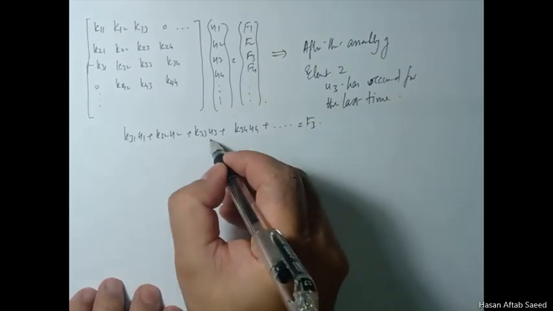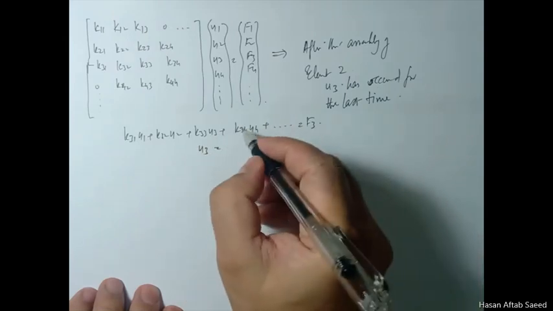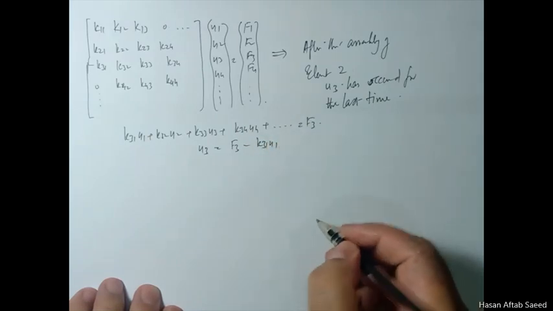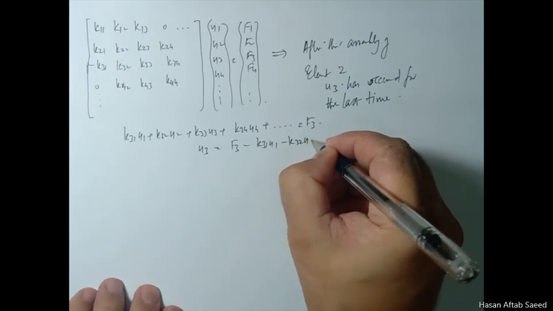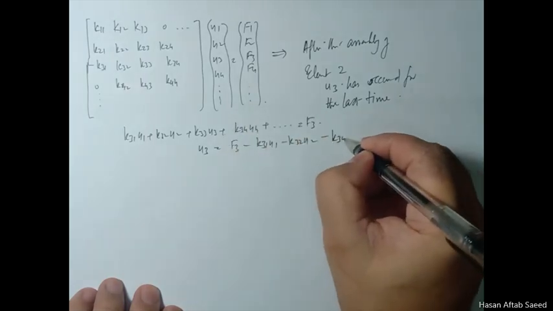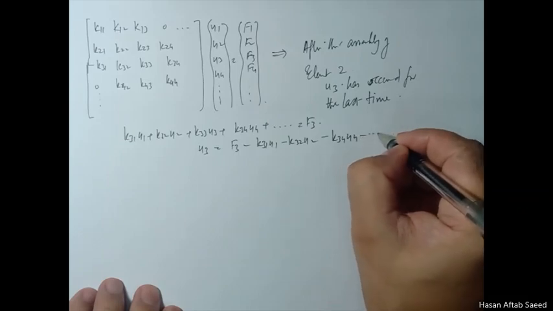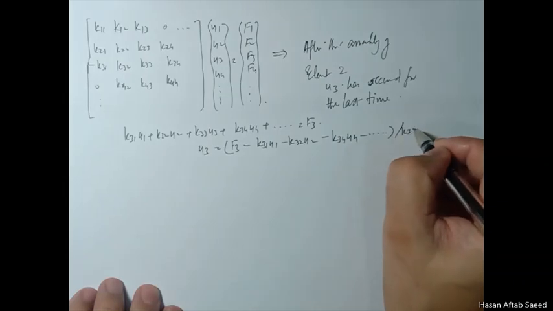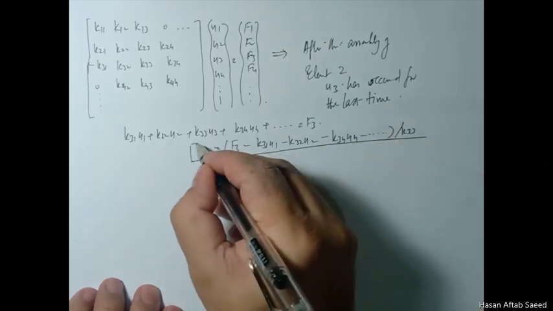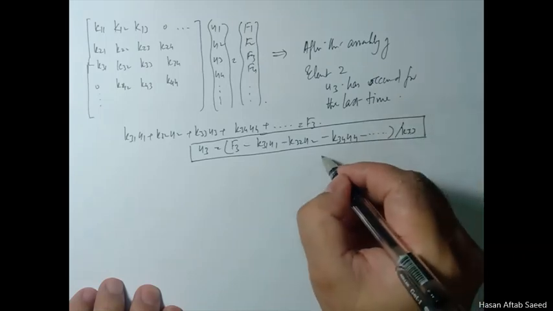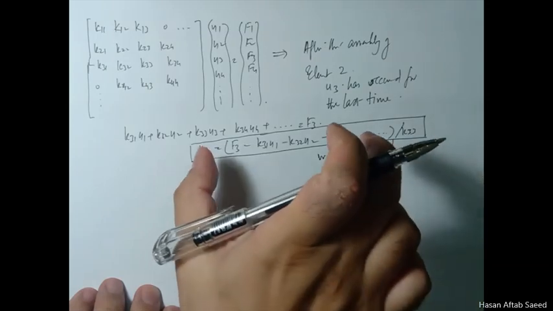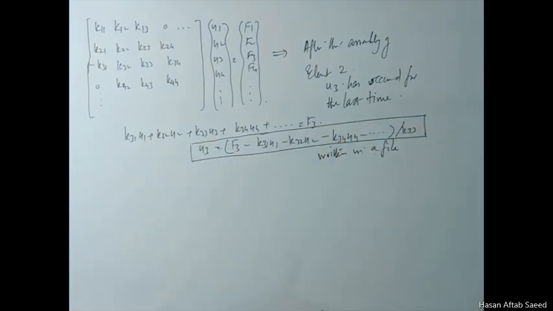Now if we rewrite it, u3 is f3 minus k31u1 minus k32u2 minus k34u4 minus whatever other values, all over k33. This is written in a file on your computer storage.